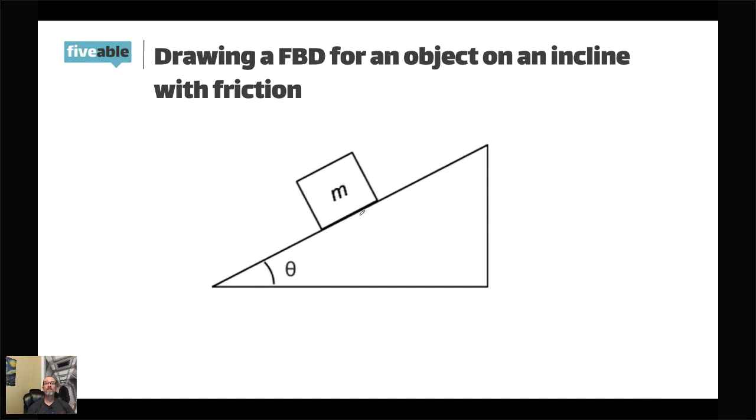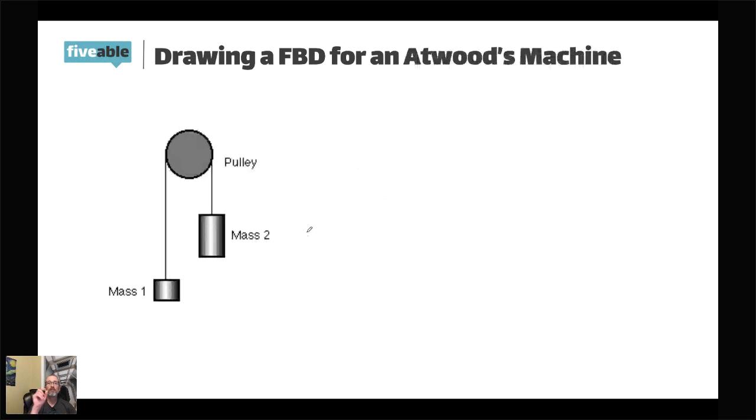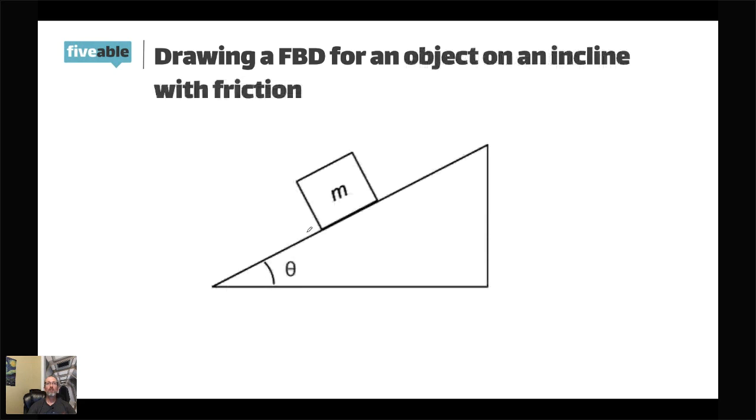We're going to draw a free body diagram for an object on an incline. And this one has friction. Now, I want to draw the free body diagram 3 different ways, okay? The first one we're going to draw over here on a dot. Then we're going to actually draw it on the actual box itself. And then over here, we're going to draw the component diagram.